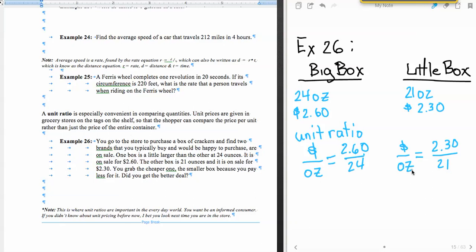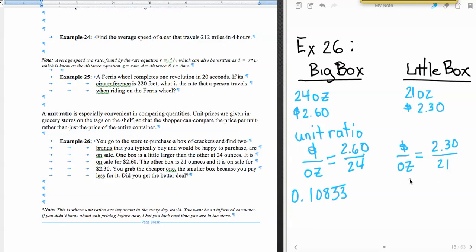So I'm going to go ahead and put in the amounts, and that's 260, and I'm going to divide that by 24, and that's going to give me 0.10833, and so on and so forth.